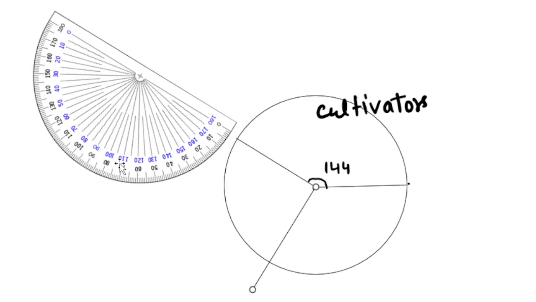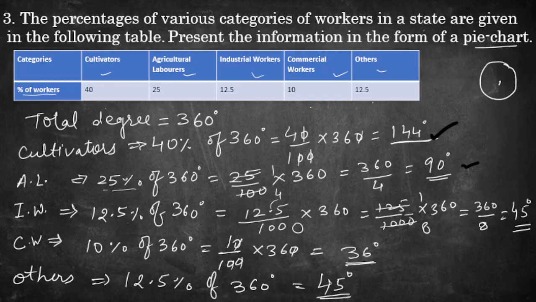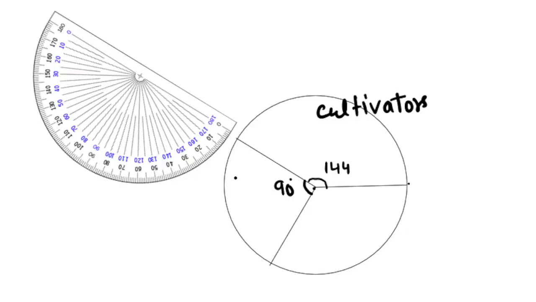Okay, now again the same thing, we will not cross this line, this circumference. Okay, so yes, it is 90 degree, which is agricultural laborers. So agricultural laborers, right? Now this line will work as baseline because this is the last drawn line.